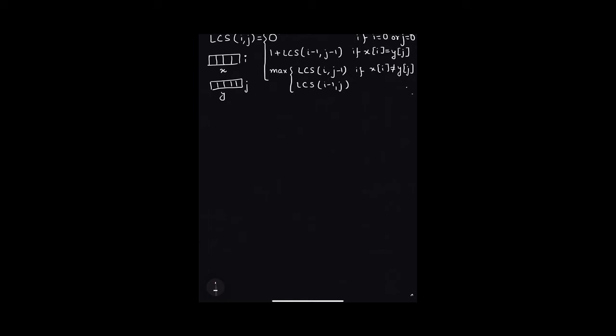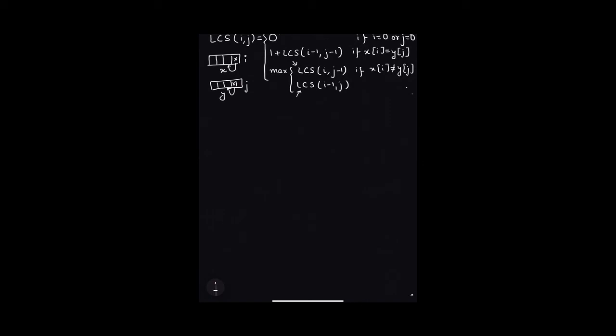If the characters at the positions are the same, then the formula that I would be taking is 1 plus LCS(I-1, J-1), means I'm going to decrease the index values by 1 and will be adding 1 to the answer. Now if there is no match between the ith and the jth character, then we are going to consider the maximum value of LCS(I, J-1) or LCS(I-1, J).